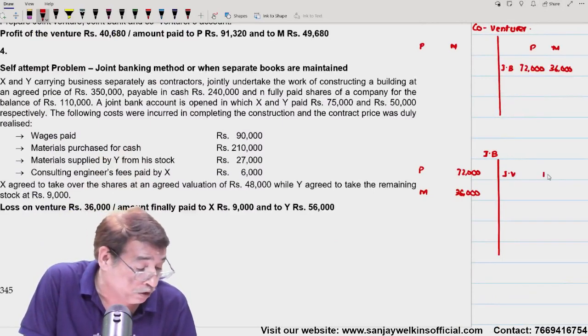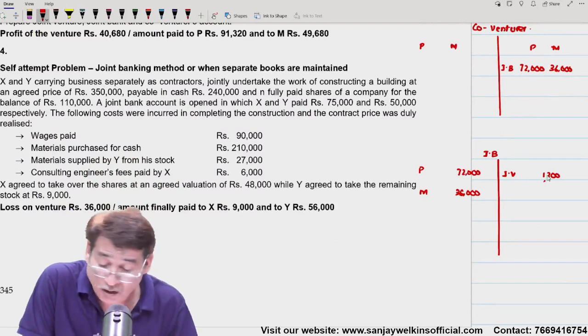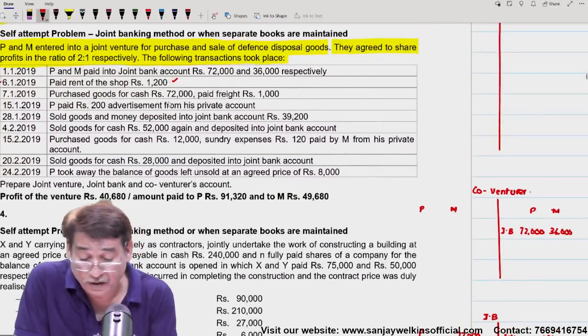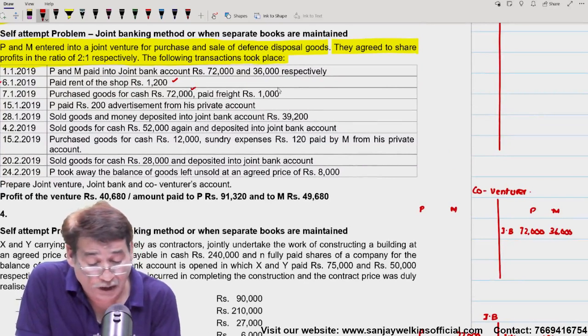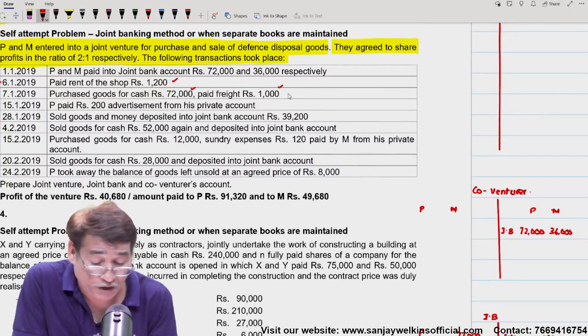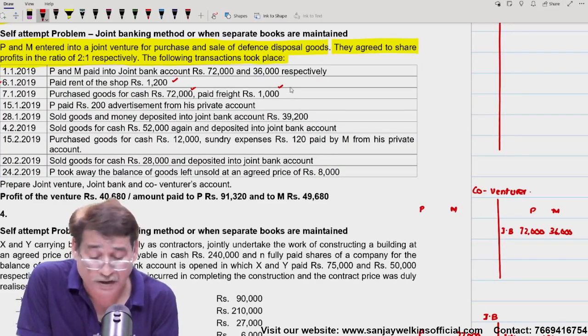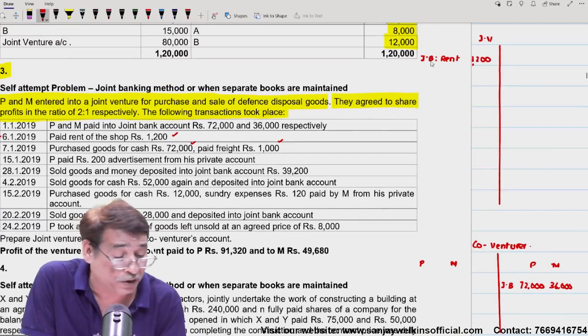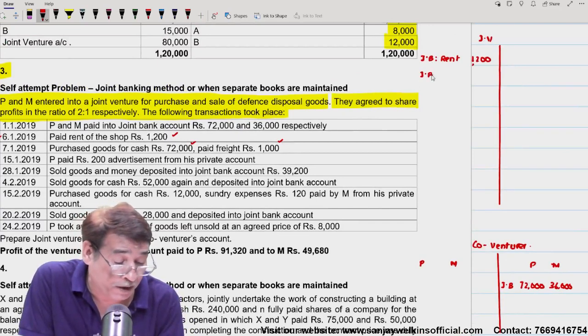Similarly, the next point is that you have purchased goods for cash 72,000 and paid freight 1,000. Your entry will be joint venture account debit to joint bank account 73,000. So on the debit side of joint venture, you will write to joint bank.